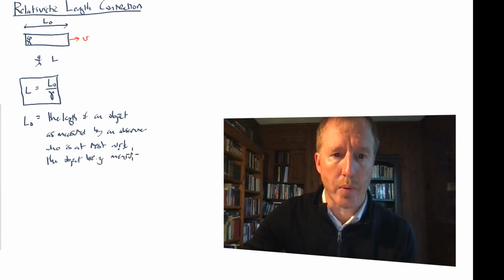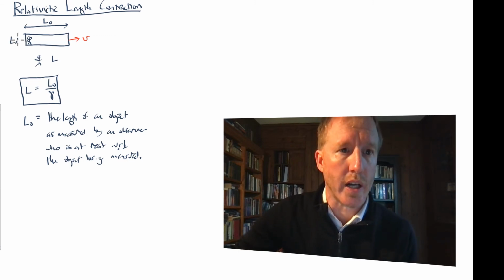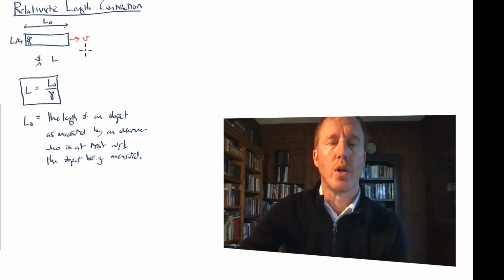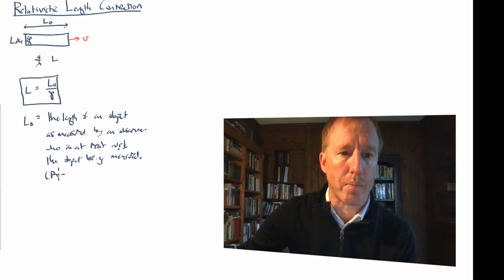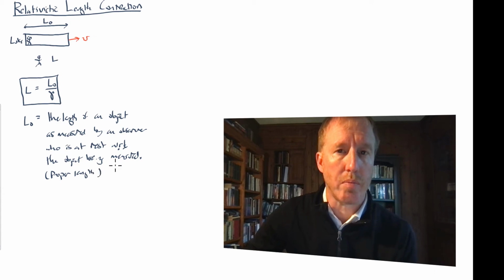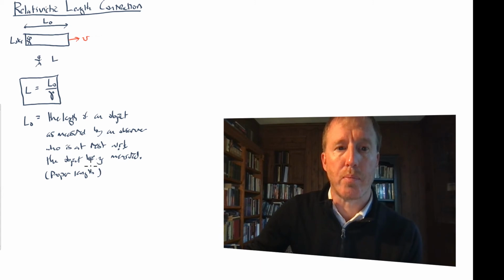In our example, if I remember the names correctly, this was Luke who was riding on the train. He would be the one who would be measuring L naught. This is sometimes, by the way, called the proper length of the object. Don't get me wrong, that doesn't mean the correct length as if there's a preferred reference frame, but it's simply called the proper length.